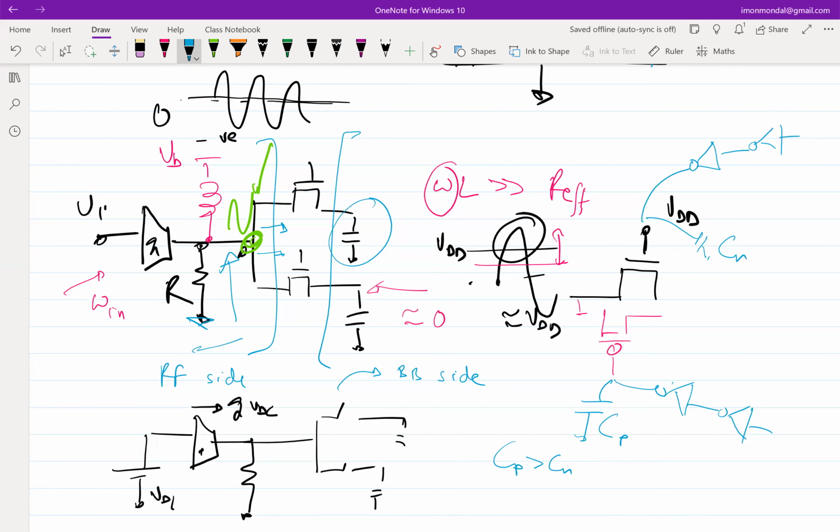The aim for both of them has to be the same, but the bottom inverter should be larger. So essentially, these inverters should be sized more than these inverters. Otherwise, you are not going to have the same rise and fall times. You will not be able to drive the same capacitive load, which essentially means that you are going to consume more power.